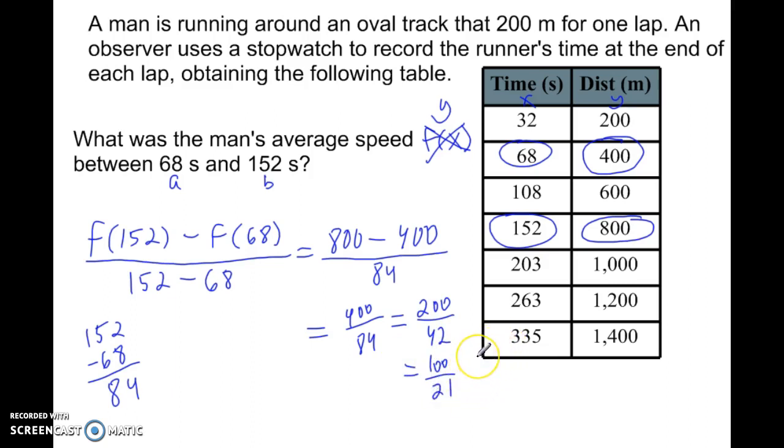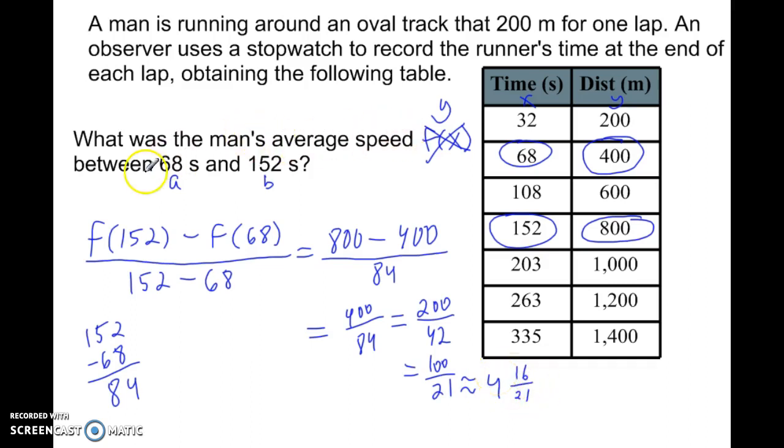It might just be good to think about that as a mixed number. I don't usually do this, but it would make more sense here. So 21 goes into 100 4 times, that would be 84, so 16 21sts. So almost 5.